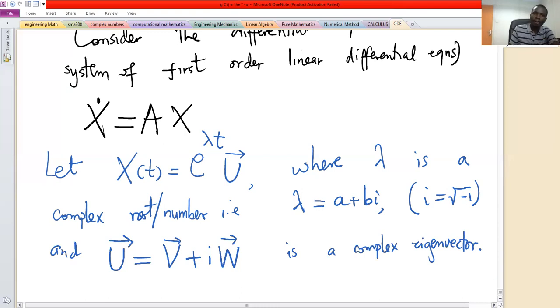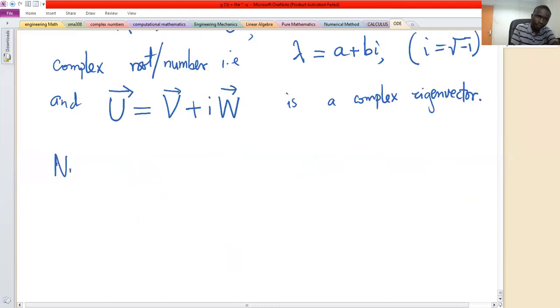Now, x of t is given by e raised to the power lambda t times u.